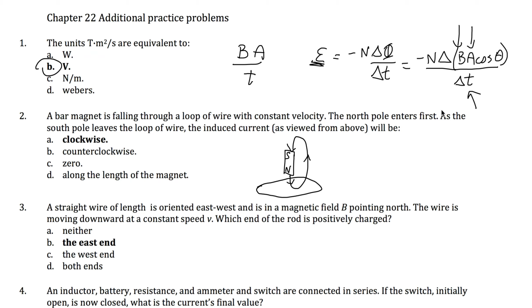But you have to really read the question. It says, as the South Pole leaves the loop of the wire. So it's not asking about what happens when it enters. So really pay attention to what it says.